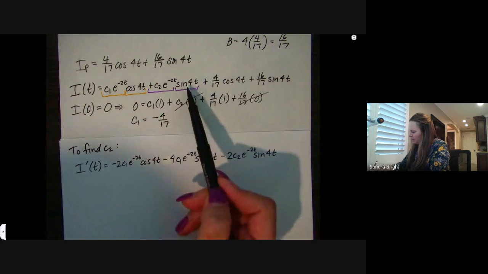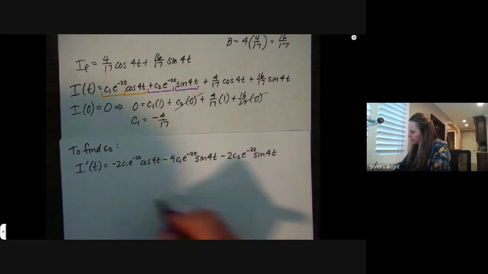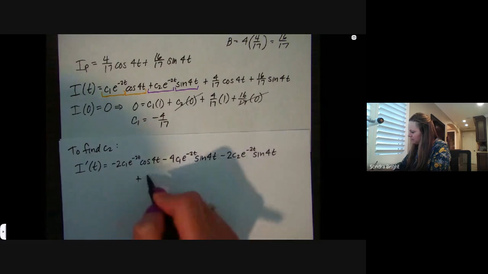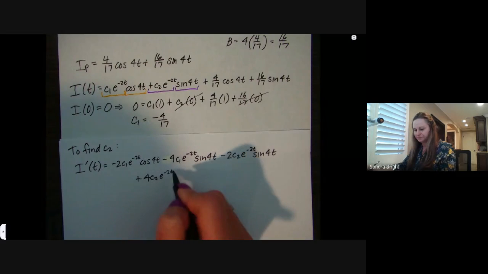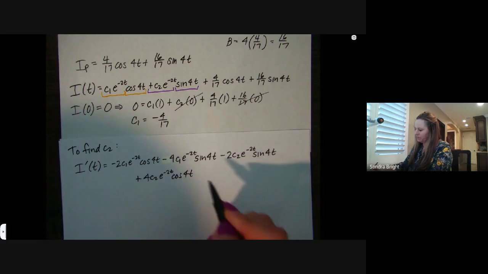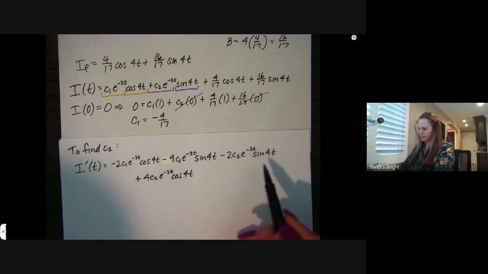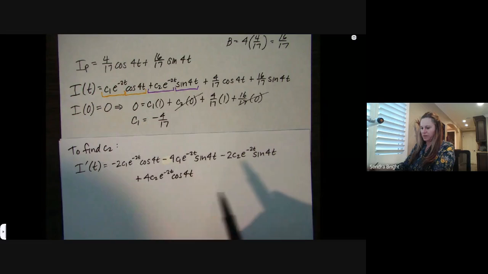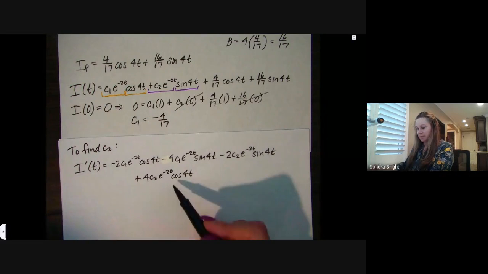I ran out of room, so I'm going to come over here: 4 C2 e to the negative 2t times cosine of 4t. Now, make sure I didn't make any errors, because I don't have you guys to say, are you sure? I'm not seeing any, hopefully.